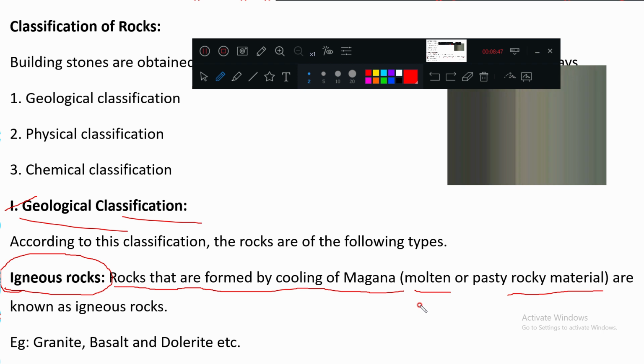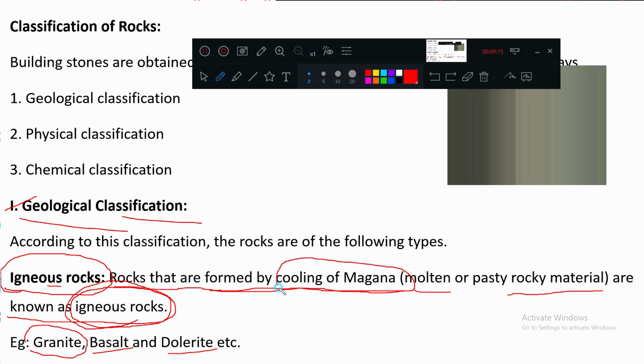When it comes to the surface through eruption and afterwards gets cooled, the rocks formed are called igneous rocks. For example, granite, basalt and dolomite. So in geological classification, the first type of rock is igneous rock, formed by cooling of magma.